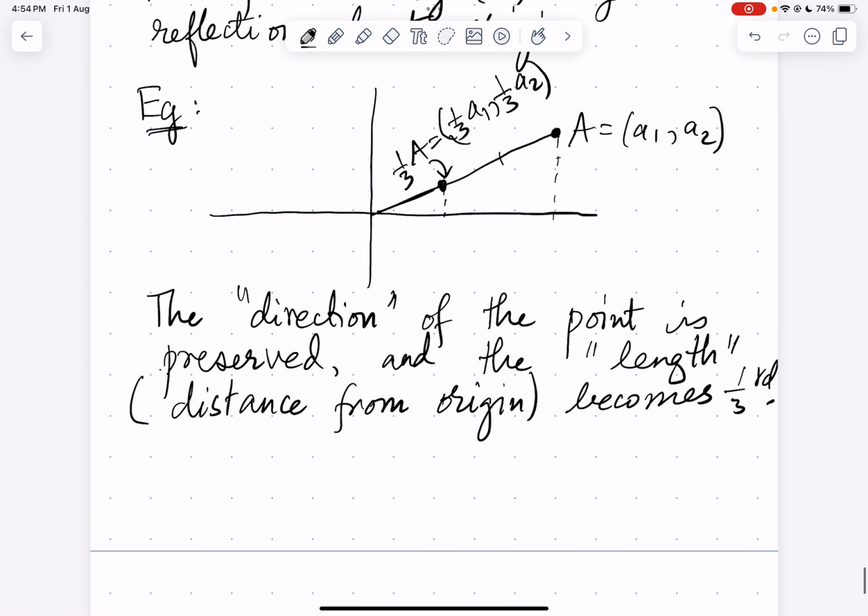Multiplying by 1/3 preserves direction but changes length to 1/3 of the original length.